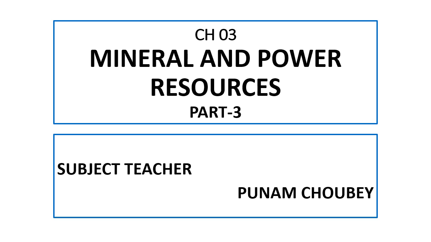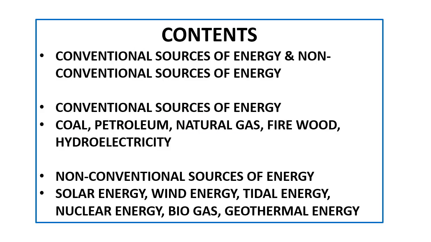Hello everyone. Today we are going to study Chapter 3, Part 3, Mineral and Power Resources. In this part, we will study conventional sources of energy and non-conventional sources of energy.